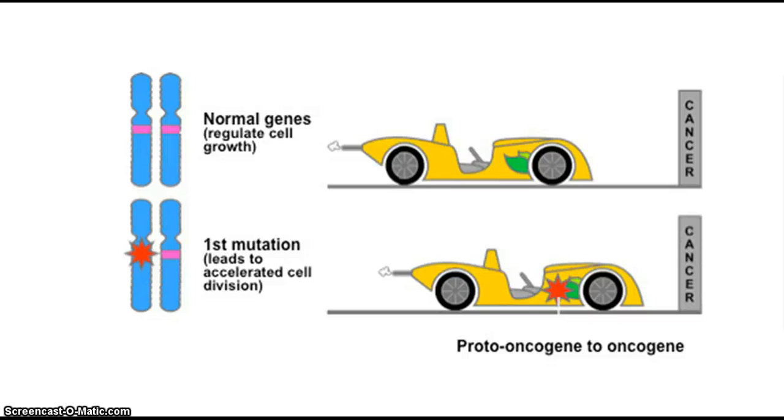So here's an example of cars with a brake. Here are our normal genes. These are ones that are called proto-oncogenes. Now if there's a mutation and that proto-oncogene gets turned into an oncogene, the car or the cell loses its brake, and we're going to have a big crash because the car's going to accelerate, the cell's going to divide out of control.